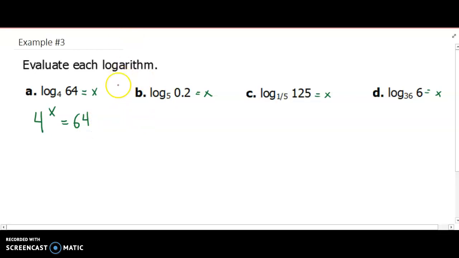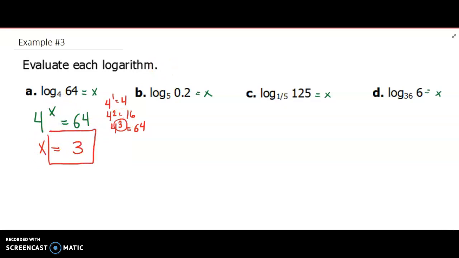Well, 4 to the first is 4, 4 squared is 16, 4 to the third is 64. So my x has to equal 3, so my answer to this is 3.